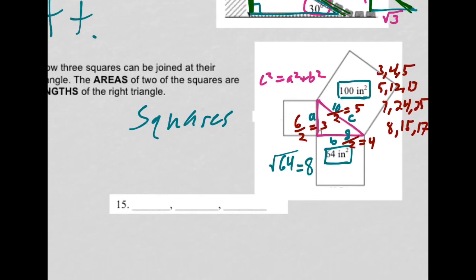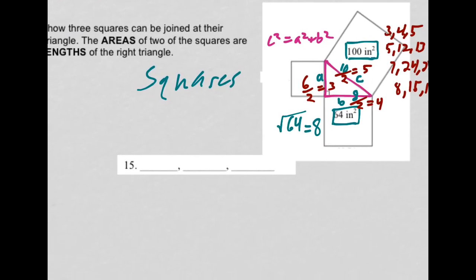I know I kind of went through that kind of fast, but if you're still confused, watch it again. See if you can catch what I'm doing. So my sides were, my A, let's just say, was 6. My B was 8. And my C was 10.